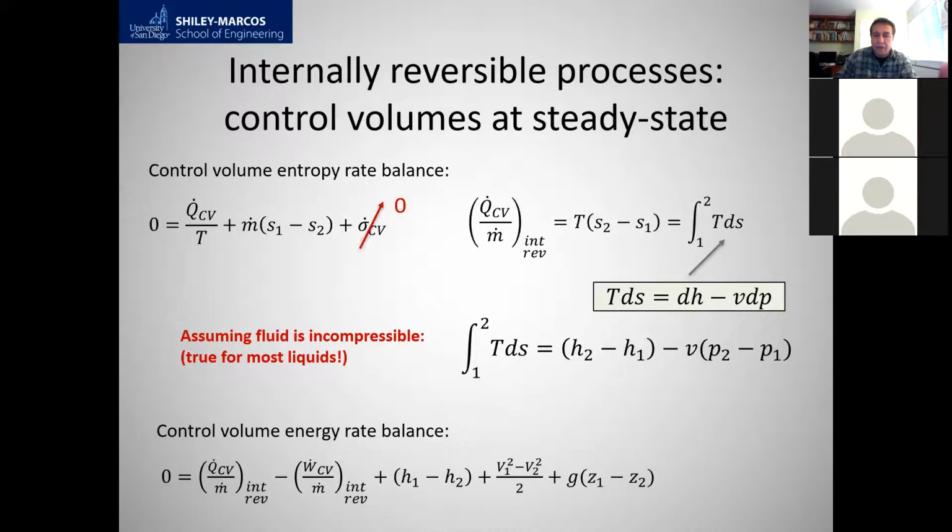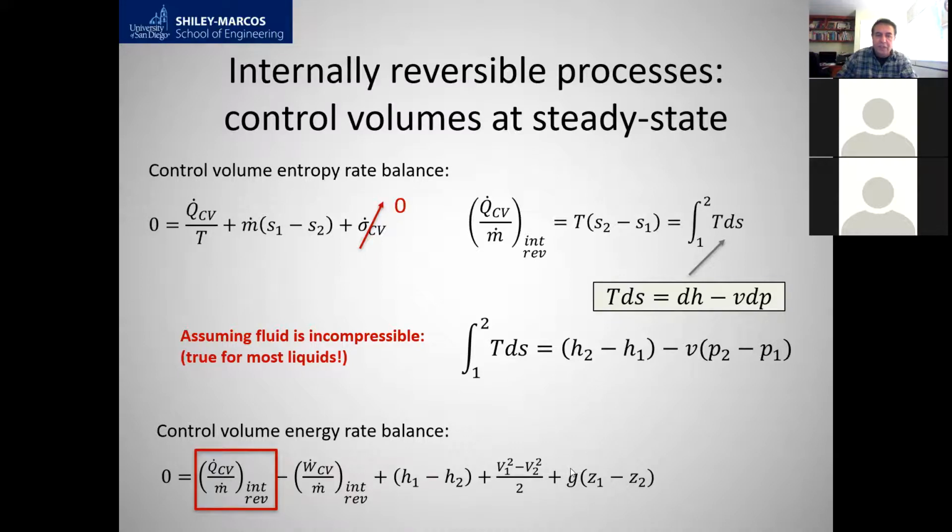Then the control volume energy equation again. We have Q dot CV over m dot minus W dot CV over m dot for internally reversible, equals the change in enthalpy, change in kinetic energy, and change in potential energy, where z is elevation and g is gravitational acceleration.